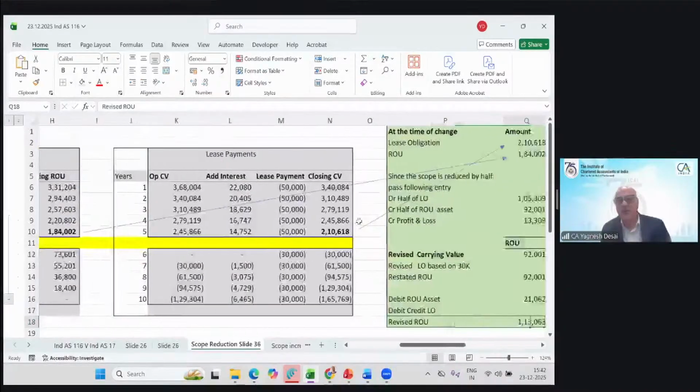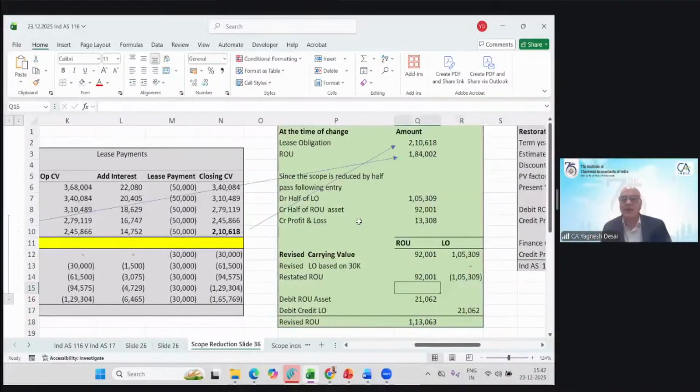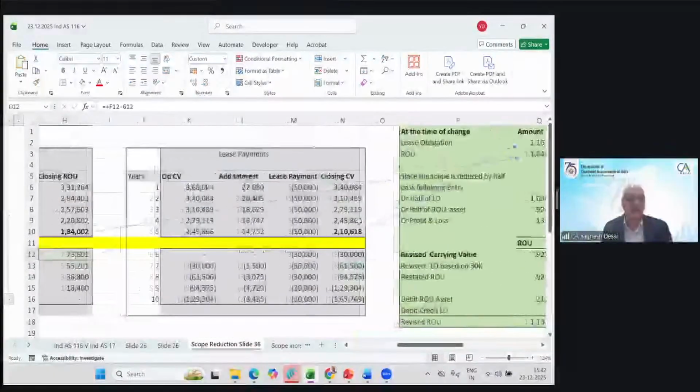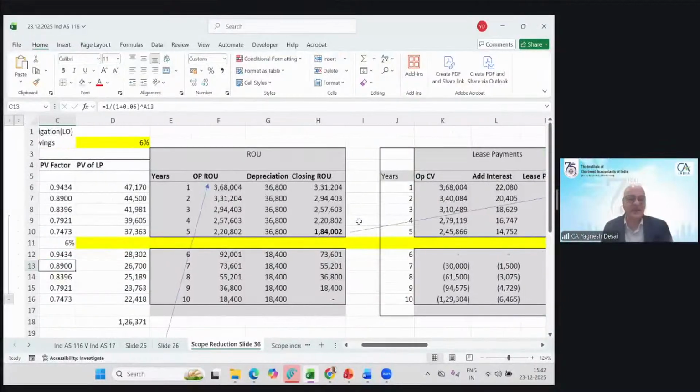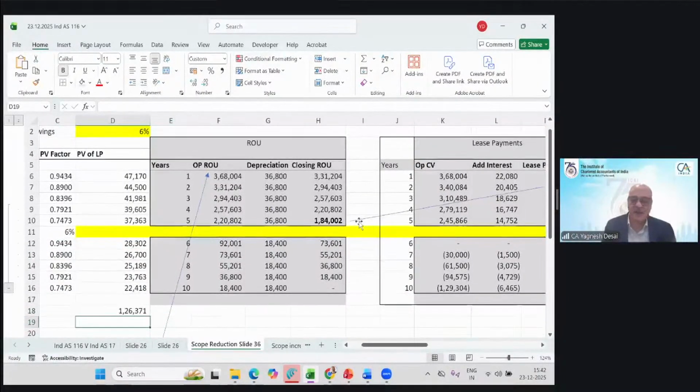By how much has it gone up? It was 1,05,000 and now it has become 1,26,000. So 1,26,000 minus 1,05,000.